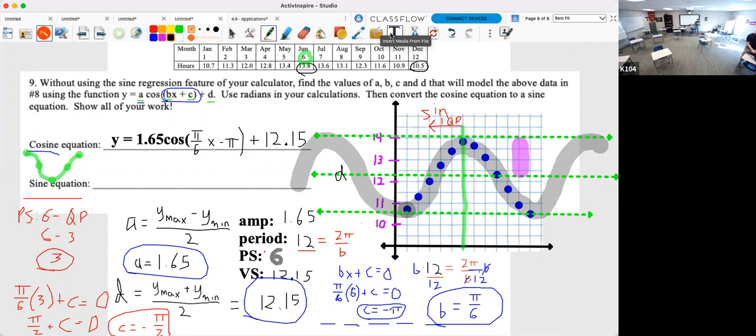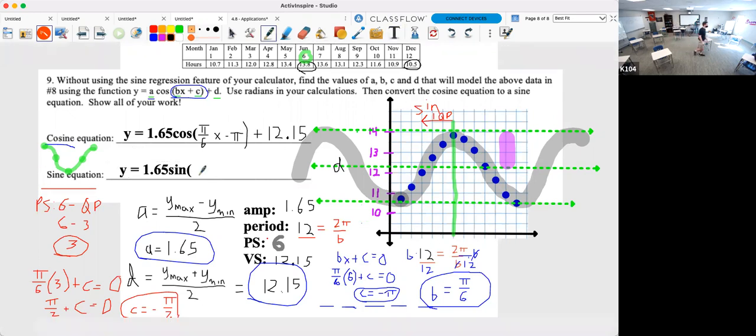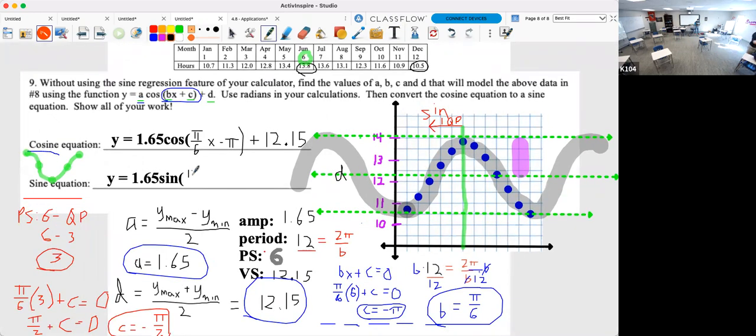And then for the sine curve, we did the same exact thing, with y equals 1.65 times the sine of pi over 6x. Everything's the same except for the C, because we moved it a quarter period to the left. It's still the same B value and same period.